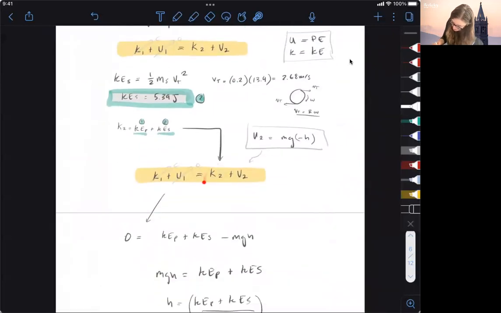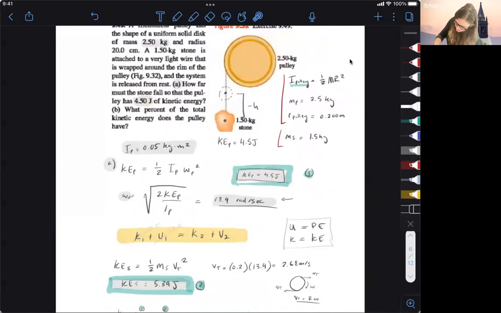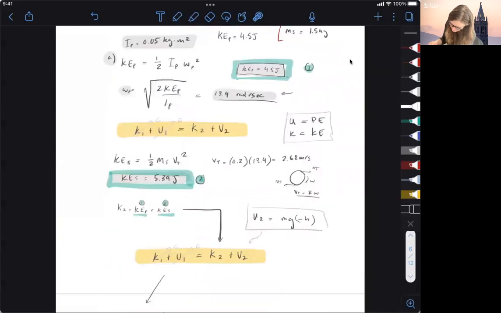So everything at the end that had velocity went into K2. Everything at the end that had a change in height went into U2, okay? Because we modeled our zero point as like here, and then our final point here, just looking at the change.